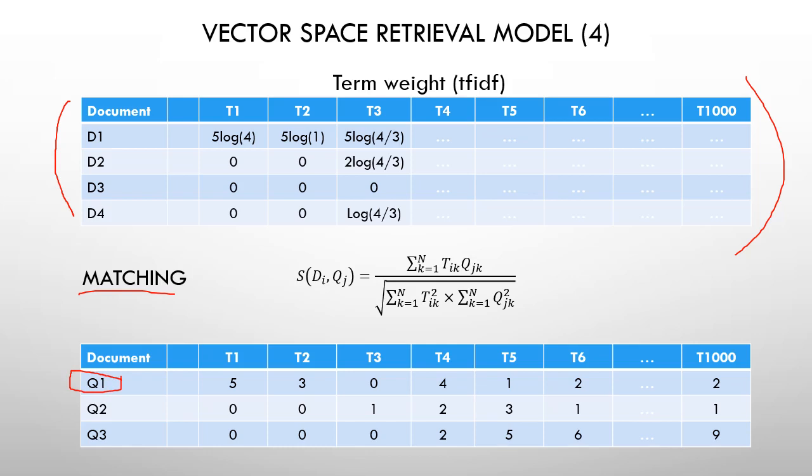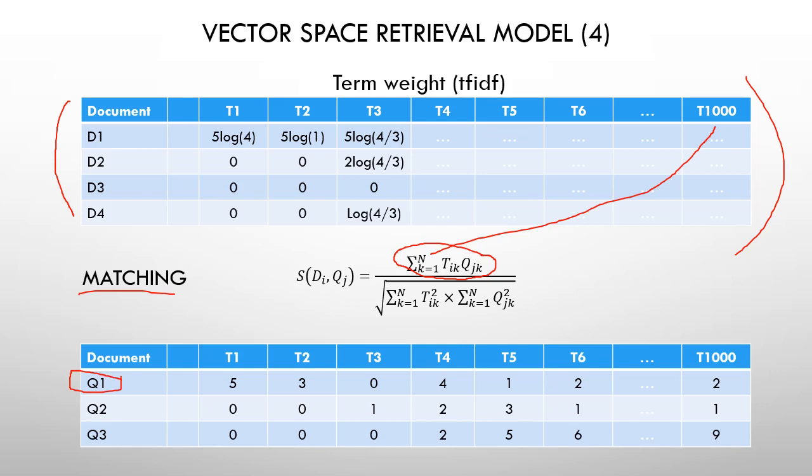Okay, first we calculate the numerator. So it is a summation from k equal 1 to n. In this case, n is 1000. t_ik multiplied by q_jk.